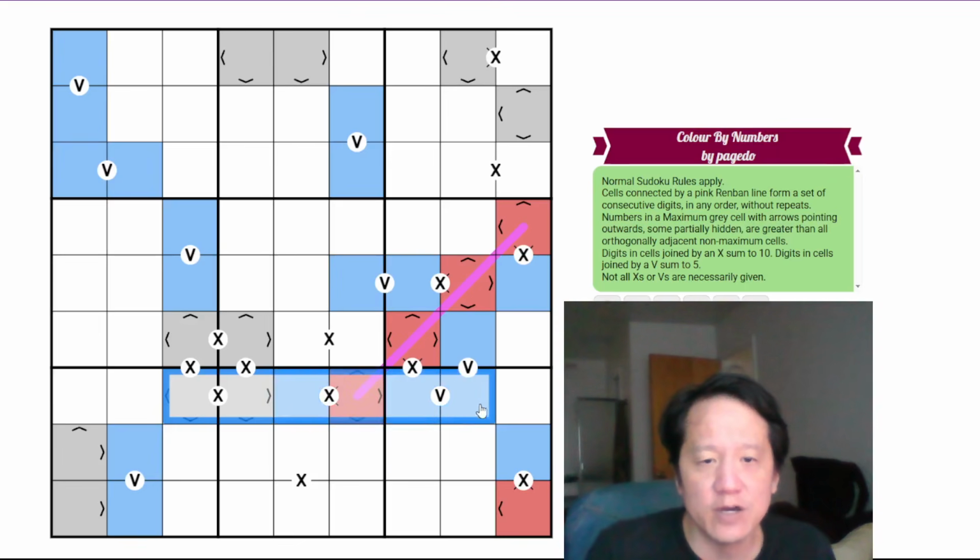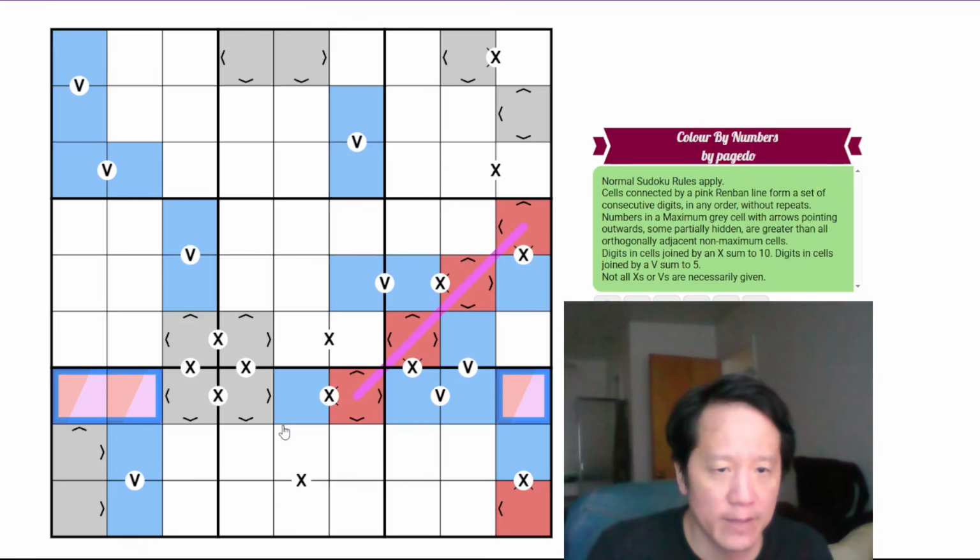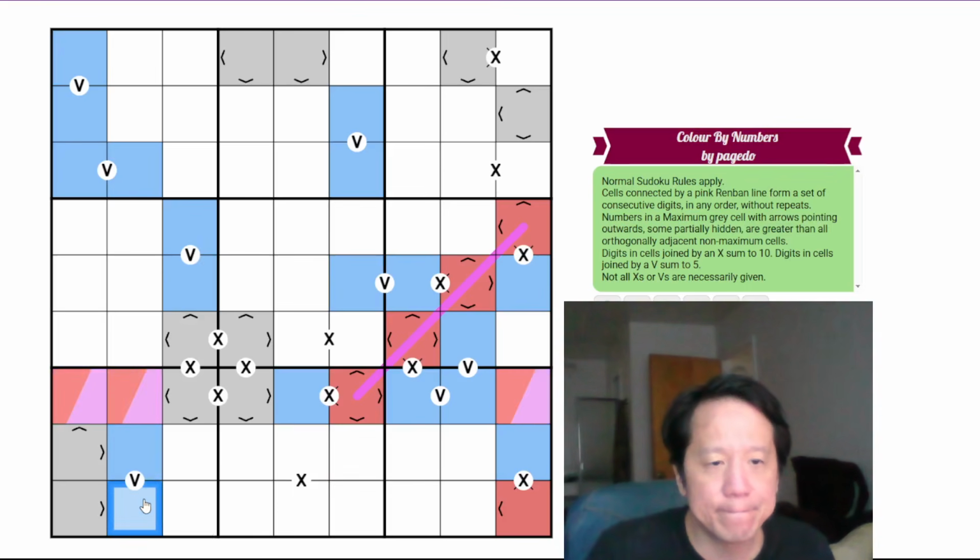That means we have 4 lows guaranteed in row 7, which means the rest of the row has to be a high or 5 digit. In this upper left-hand box, we have 4 lows, so the rest must be high or 5.